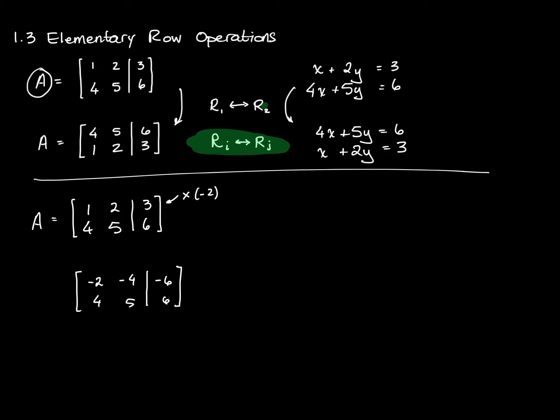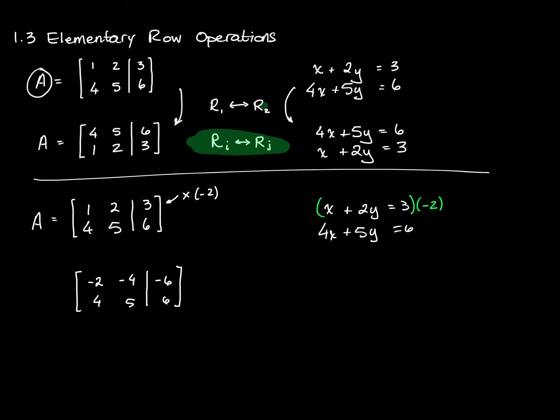I'm allowed to do that because, again, if I started with x plus 2y equals 3, and 4x plus 5y equals 6, that's the equivalent of multiplying both sides of this equation by -2, because the row in a matrix is just the coefficients of an equation and the constant term.